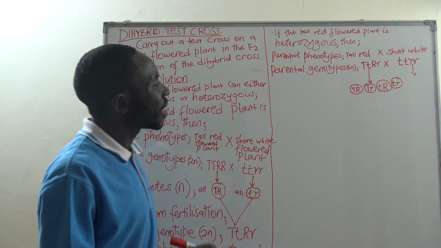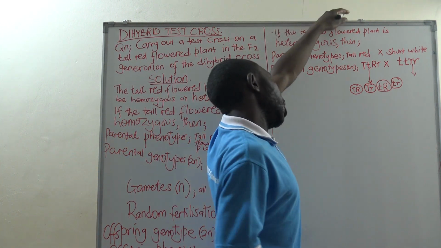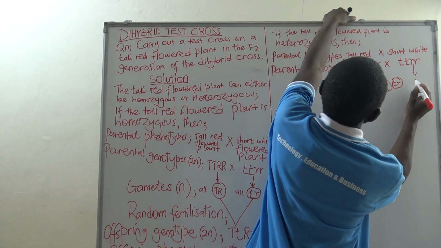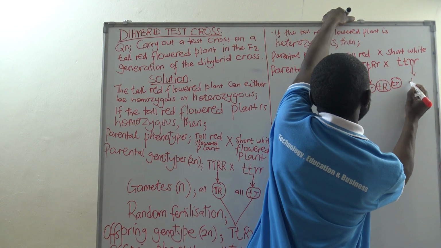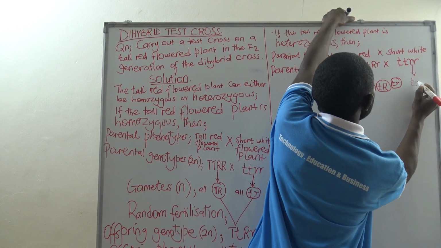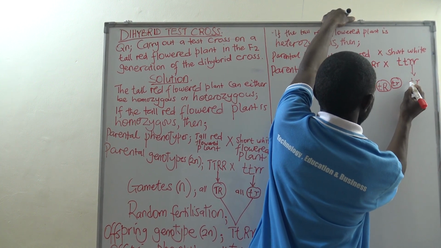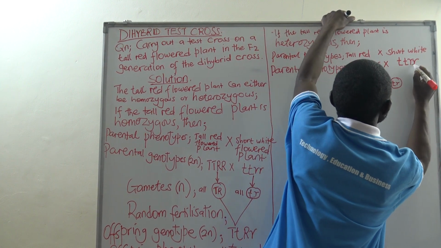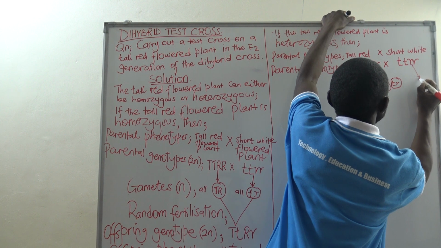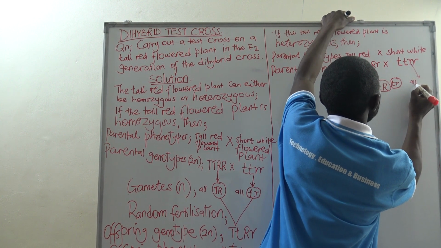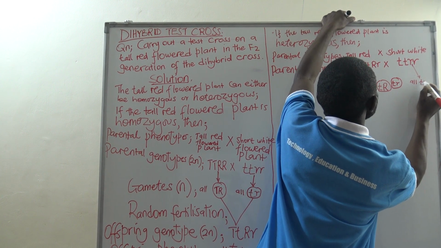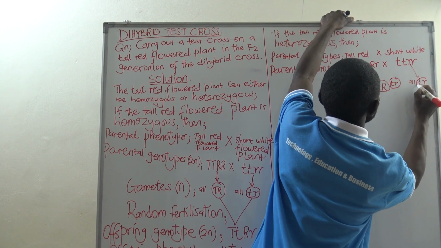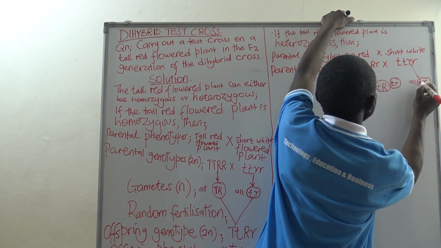They will all be small t and small r. So I will simply write here all small t, small r, as shown on the board.